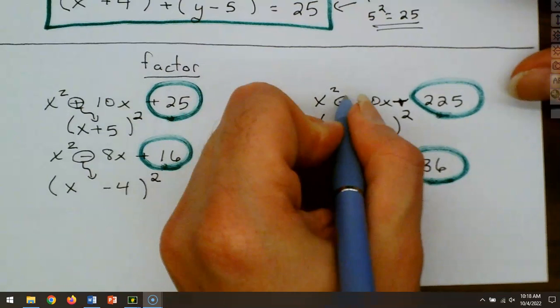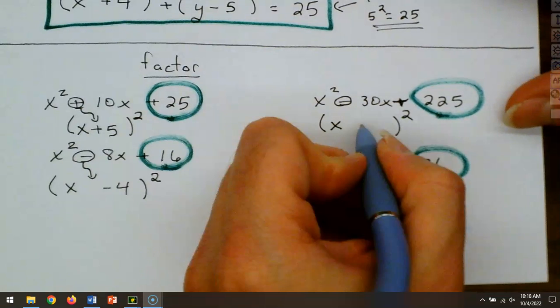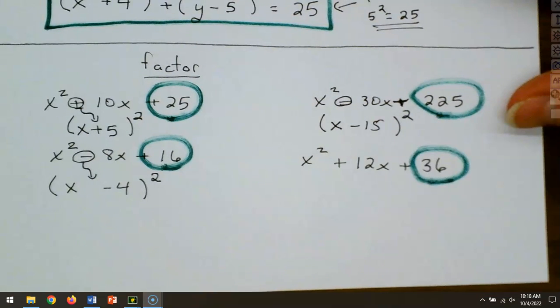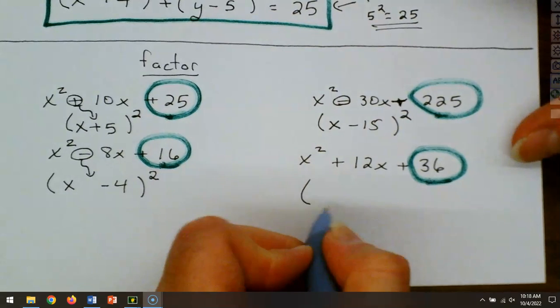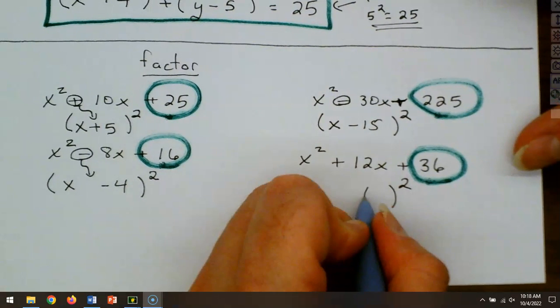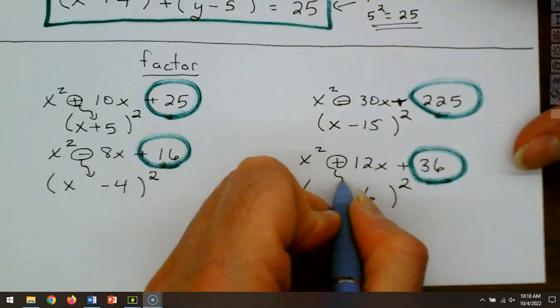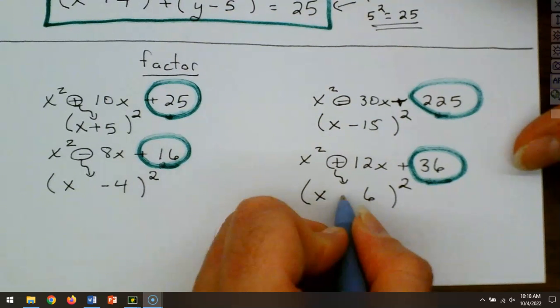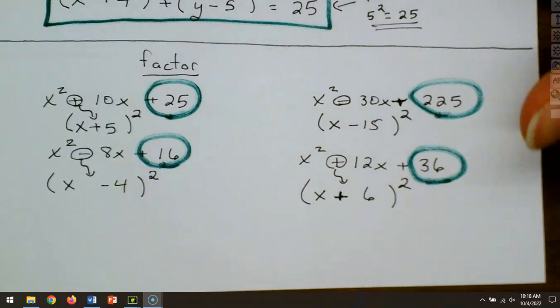Sign in the middle is negative, so that's going to come down as an x minus 15. And then the last one, well, 36 is a perfect square of 6. Sign in the middle is positive, so that comes down as an x plus 6 there.